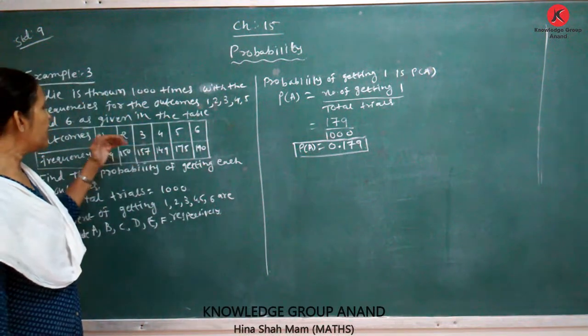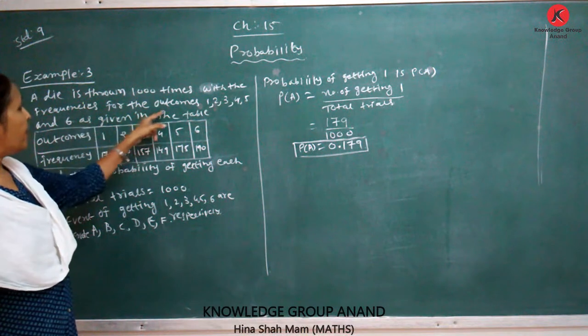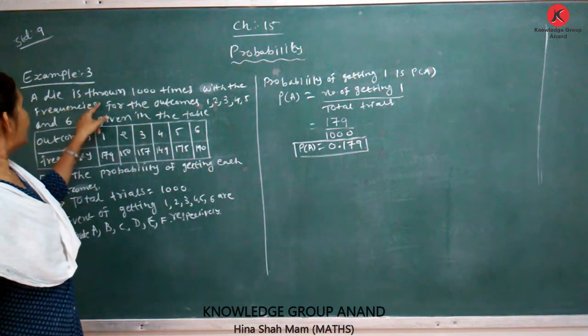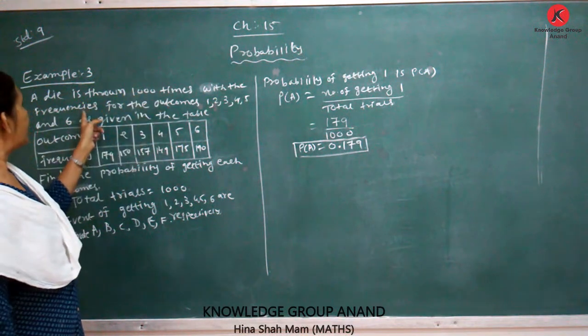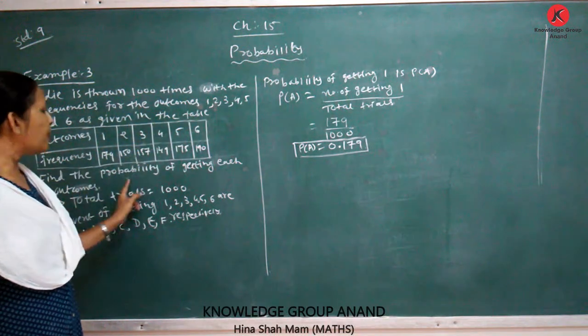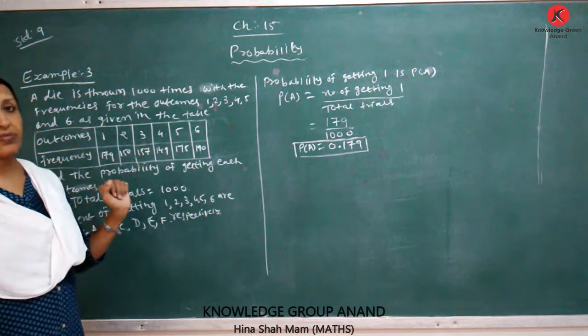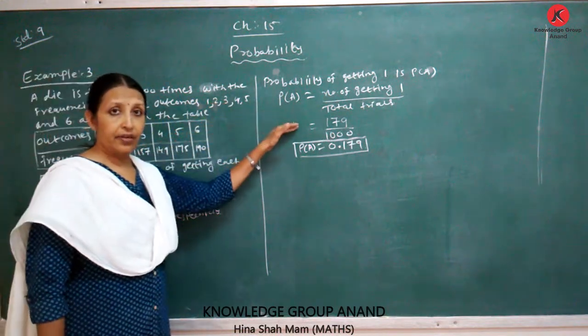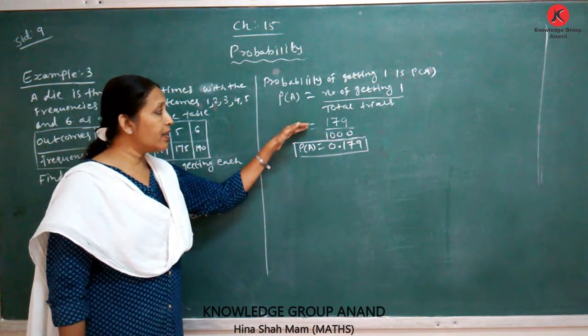Now we calculate for the other outcomes. The dice is thrown 1000 times with the frequencies for the outcomes 1, 2, 3, 4, 5, 6. Find the probability of getting each outcome. Here I found first the probability of getting 1.